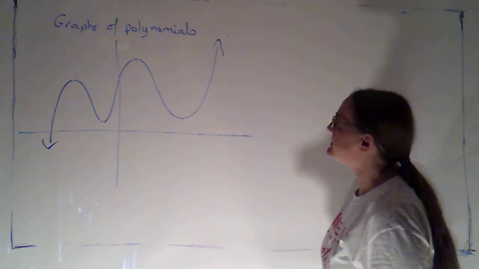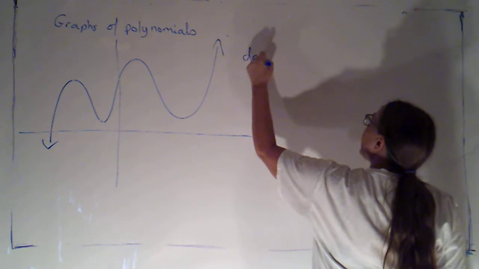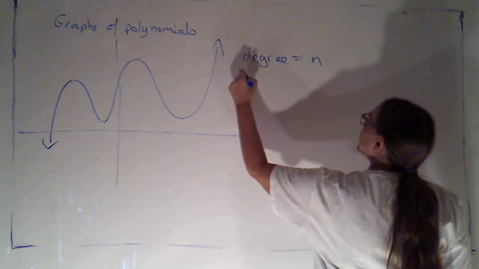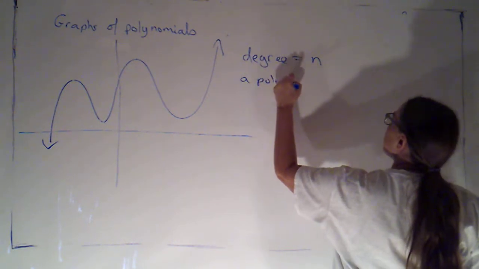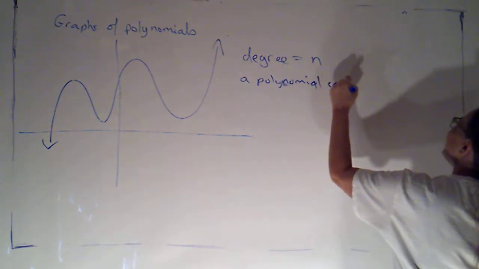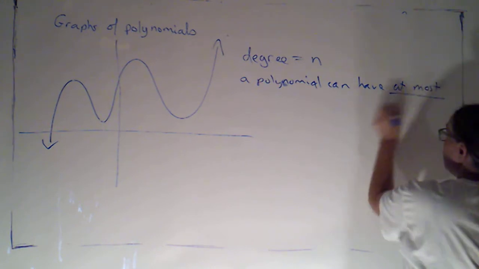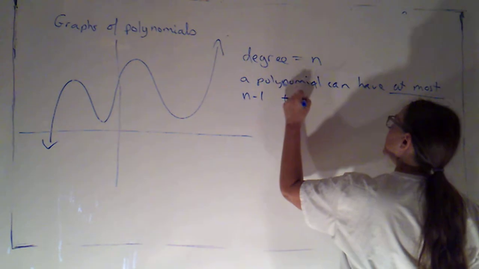And that really is the rule. If the degree is equal to n, then a polynomial can have, at most, it doesn't have to have this many, but it can have at most n minus 1 turning points.